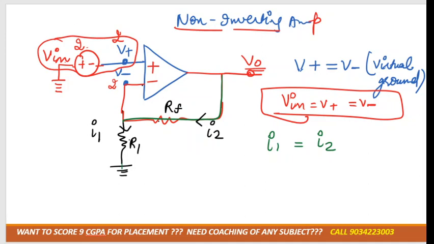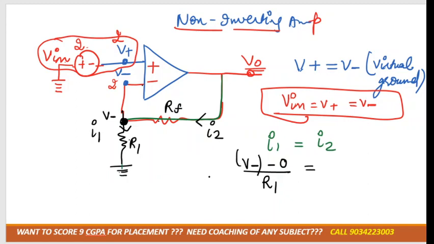I1 is equal to I2, and as you know from nodal analysis, I1 is how much? V by R, right? So what is the voltage over here? That is V negative. This I1 is going from V negative to the ground. So can we write down V negative minus 0 divided by R1?